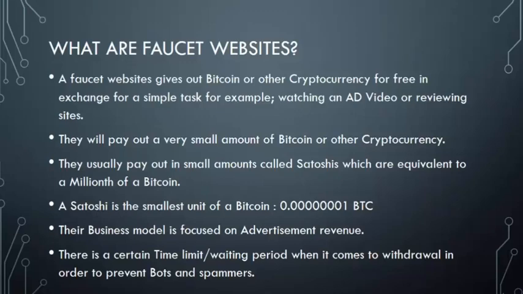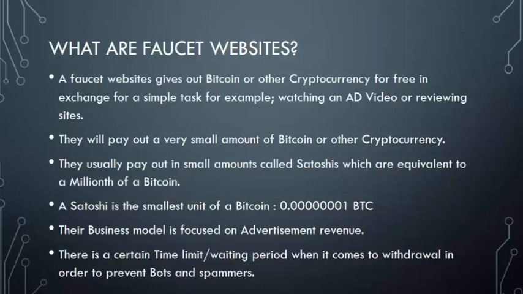The other feature of these Bitcoin faucet websites is that after you've performed a few of these tasks, they don't allow you to withdraw the Bitcoin that you've earned. They want to make sure that you're using this service in the long term rather than the short term, because in the past there have been many cases where the sites have been spammed with bots.